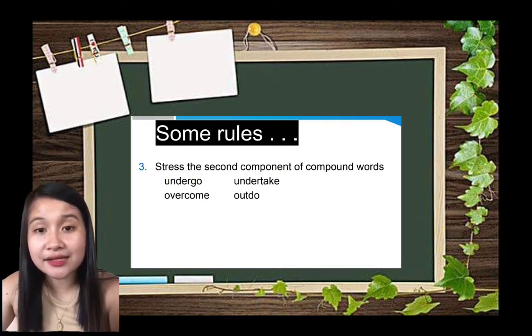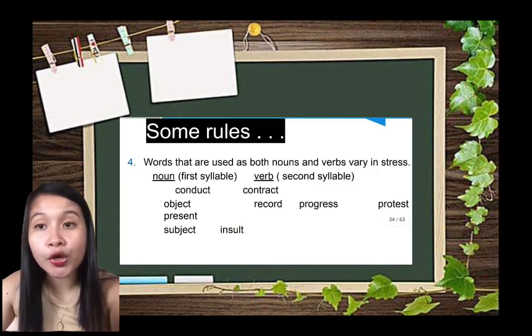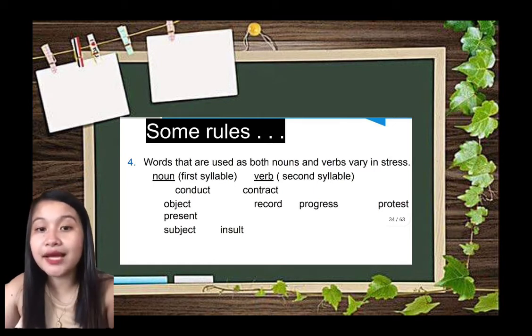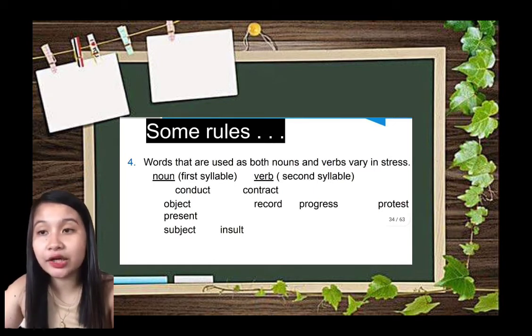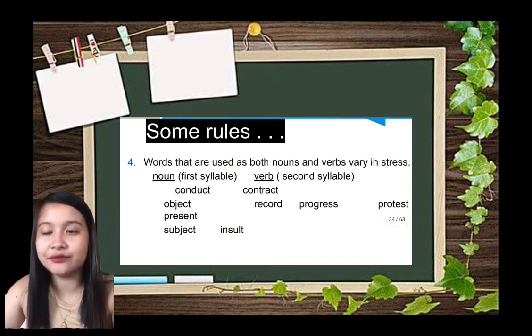The next rule is that words used as both nouns and verbs vary in stress. For example, noun, first syllable; verb, second syllable.